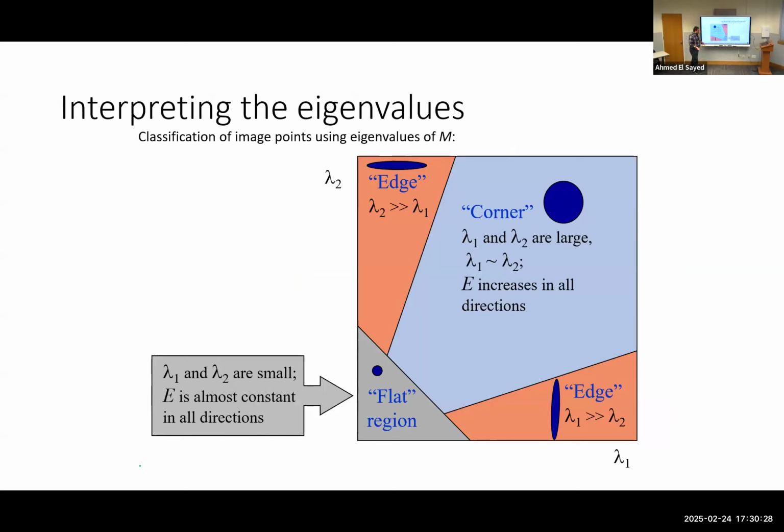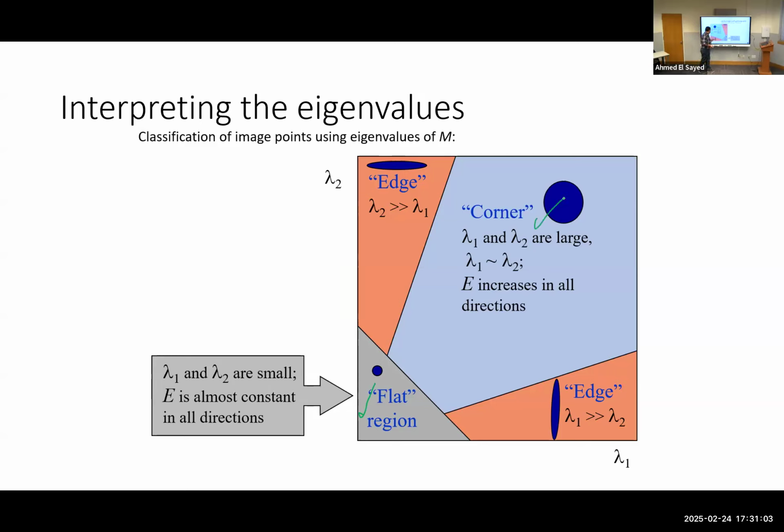So now I can understand any area or any shape I'm having and determine if it's a flat surface, a line, or a corner. If the two lambdas are close to each other and both of them are small, in this case, I'm having a flat area. If two of them are close to each other and both of them are big, then I'm having a corner.